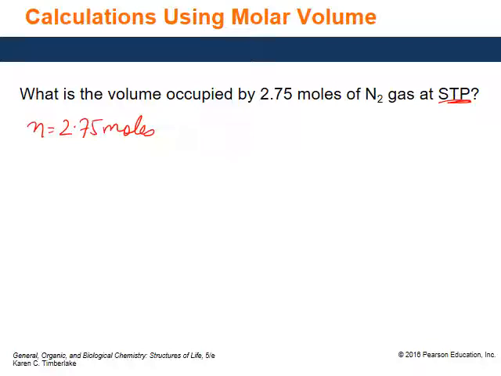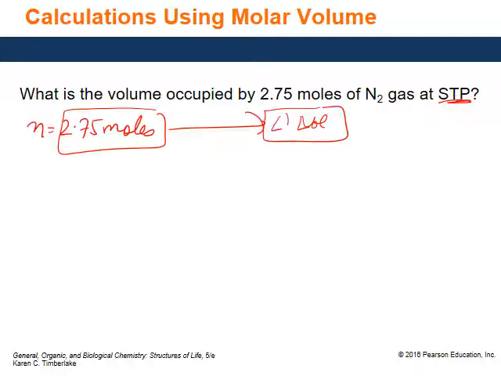One easy way to do this is, we know the relationship. The question is asking to go from moles to volume, which is liters, I would assume. So one easy relationship we know is that 1 mole of a gas will always occupy 22.4 liters. So you could use this.